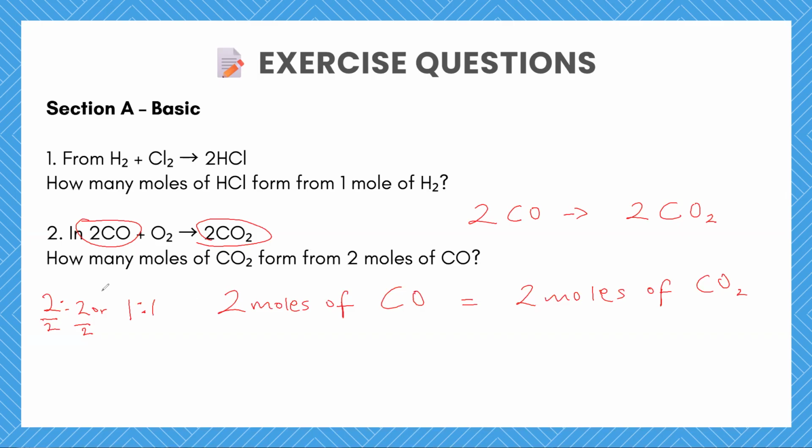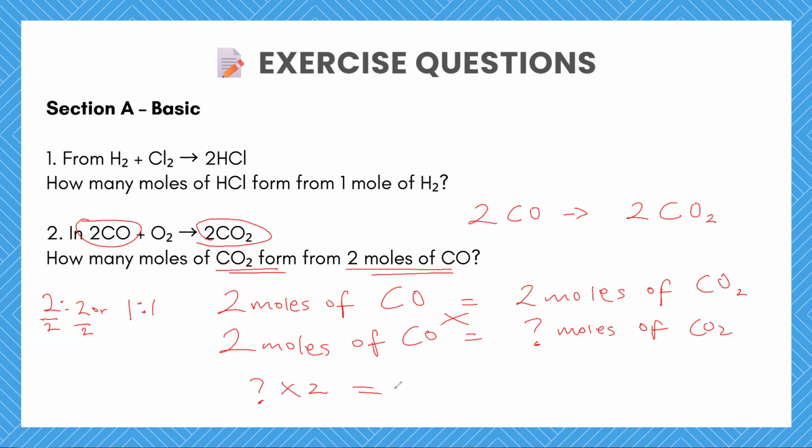So the question says, how many moles of CO2 be formed from 2 moles of carbon monoxide? So therefore, we complete the statement by saying 2 moles of carbon monoxide produces an unknown number of moles of CO2. So when we cross multiply, we have the number of moles of CO2 multiplied by 2 be equal to 2 times 2.